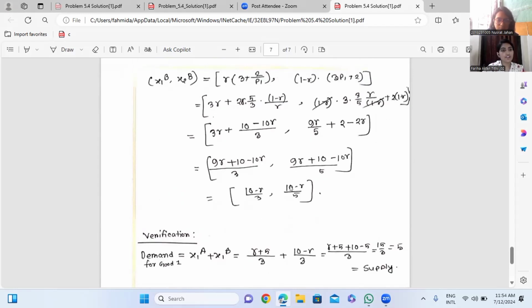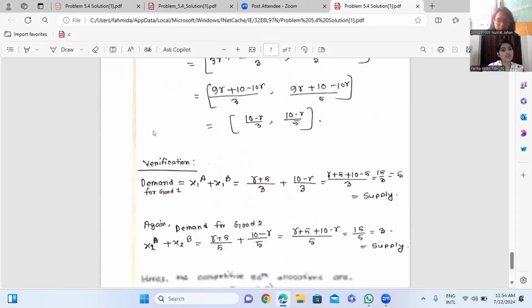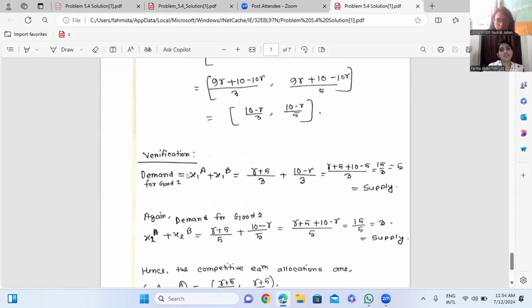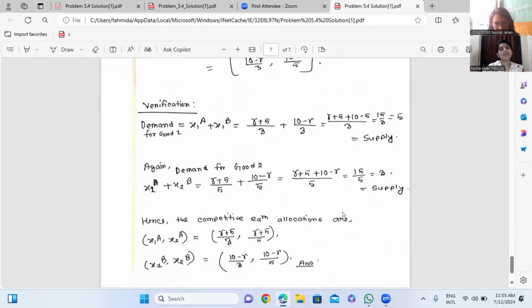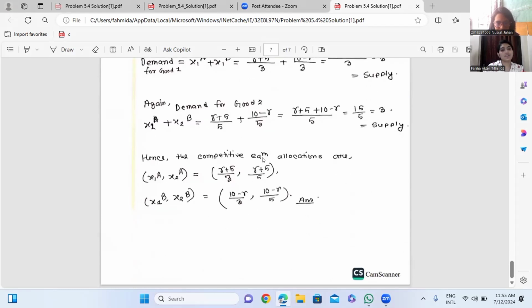Now we have to verify that the market demand for good one is equal to supply. We need to prove that the demand for good one for both consumers is equal to the total endowment of good one. Hence it is our competitive allocation.